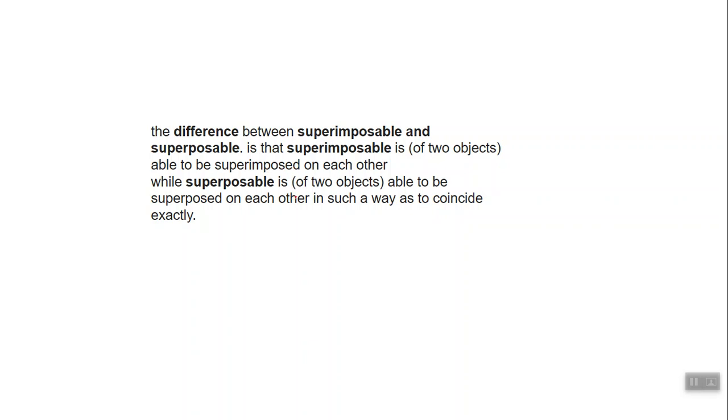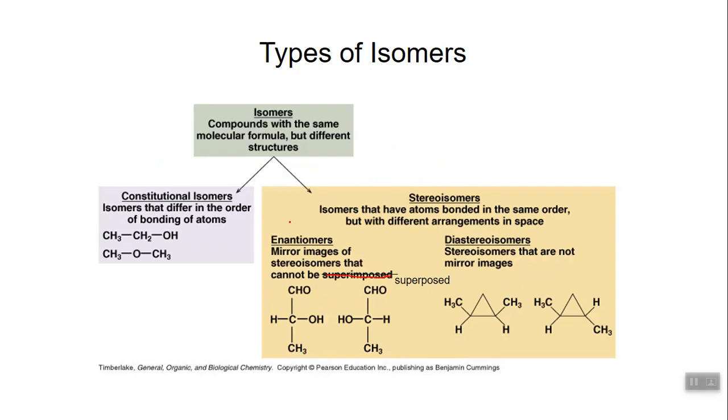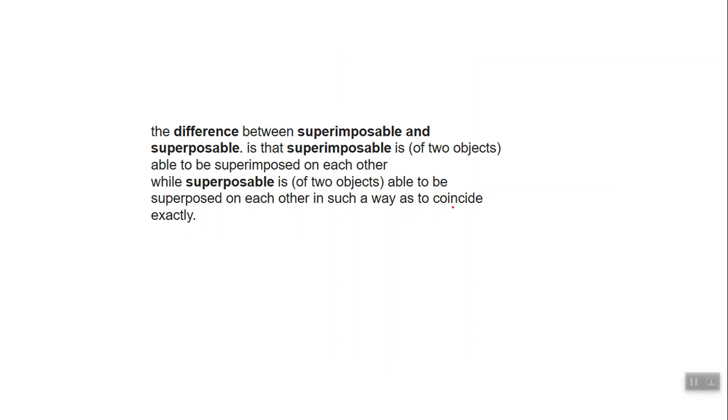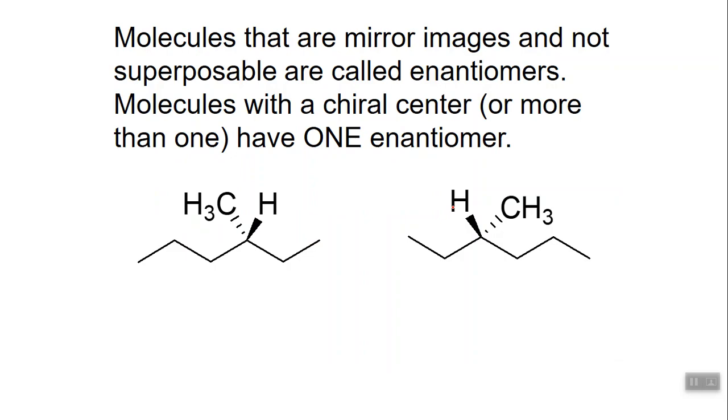But superposable means that when you do lay them on top of each other, each atom coincides exactly. So we're really talking about superposability here. Molecules that are mirror images and not superposable are called enantiomers.